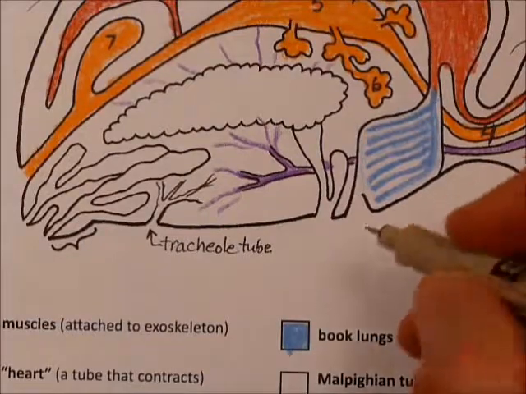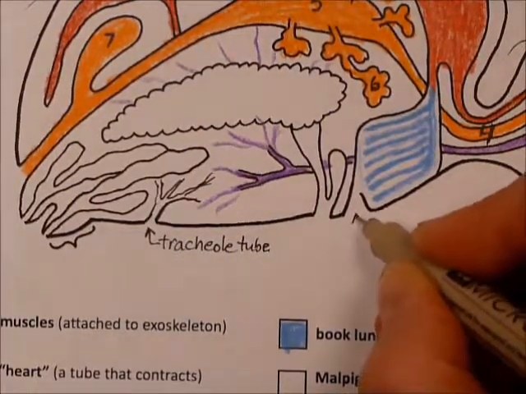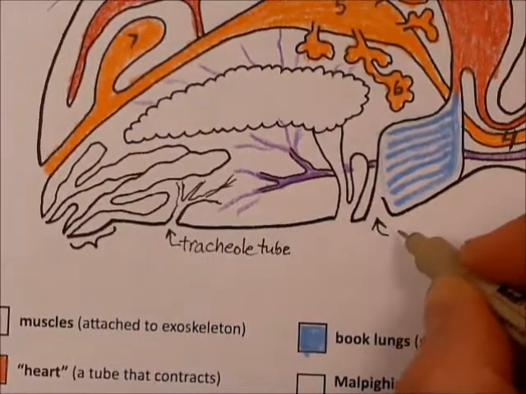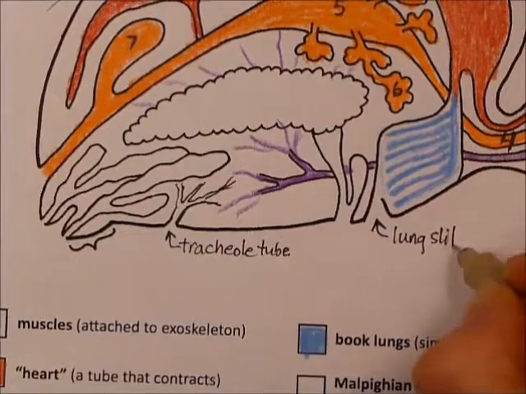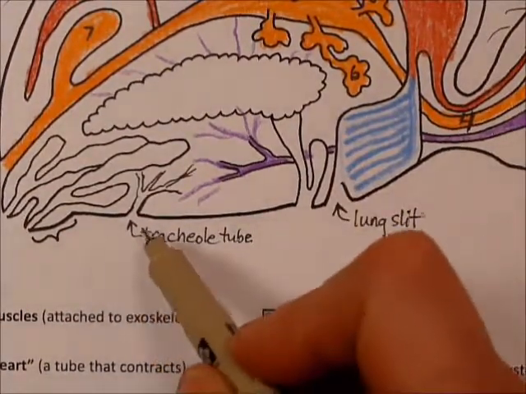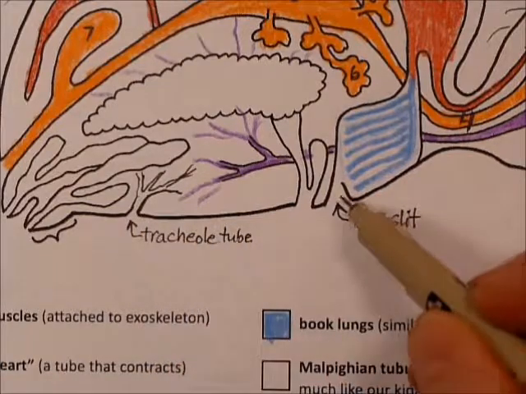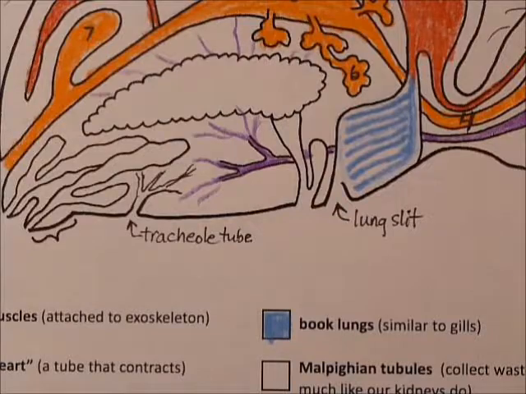You can actually see this slit on the bottom side of a spider. We call it the lung slit. It goes into the book lungs. I'm not sure you can see, this is pretty tiny, but you should be able to see these on the bottom side of a spider.